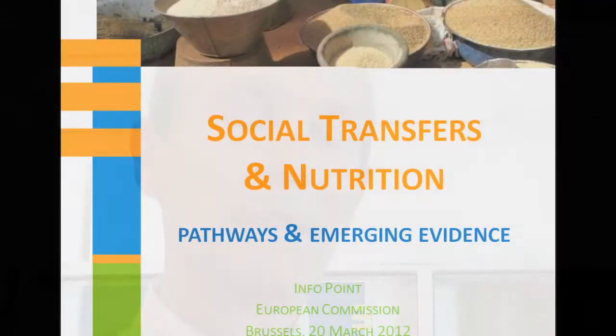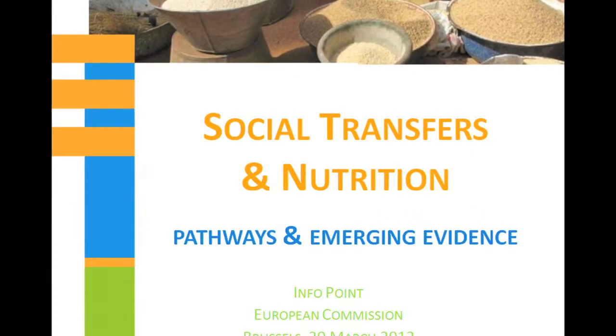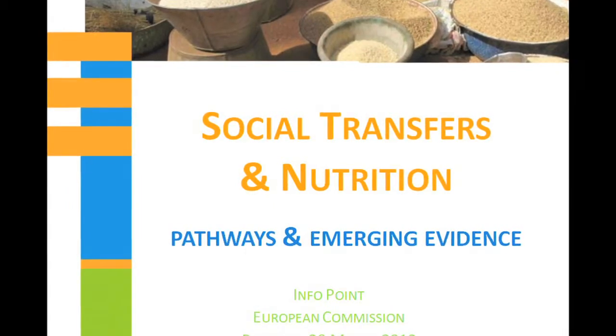Both social transfers and nutrition are very important components of the debate about development at the moment. They've both become much more important over the last 2 to 5 years. And I think what we've been looking at today is the role that social transfers can play in improving nutrition outcomes, to make sure that social transfer programs are designed with nutrition outcomes in mind, which means that you need to have an understanding of the nutrition situation in a country, and that means designing programs with a focus on, for example, pregnant women and children under the age of 2.